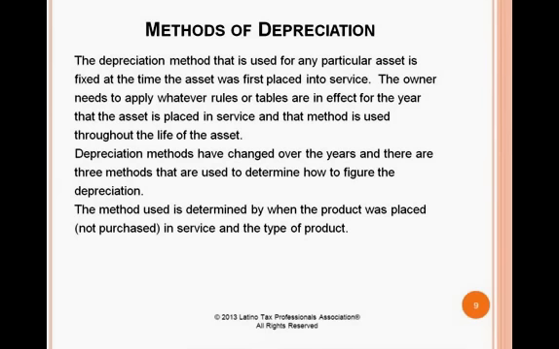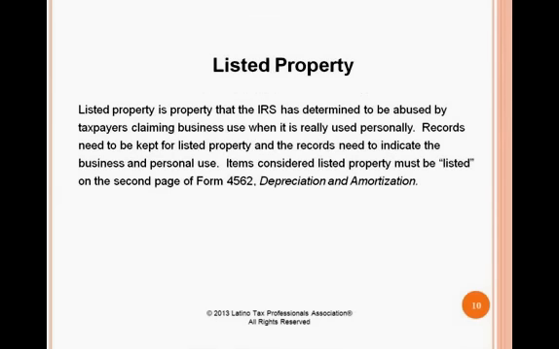The method used is determined by when the product was placed in service, not purchased, and the type of product. What you usually see now is the mid-year or half-year method, which assumes anything purchased was bought at a half year, which will determine a good average amount for the first year and the remainder of the life of the depreciation and the life of the product.